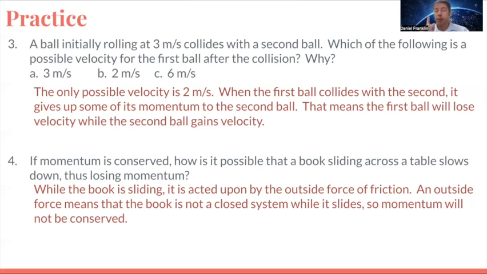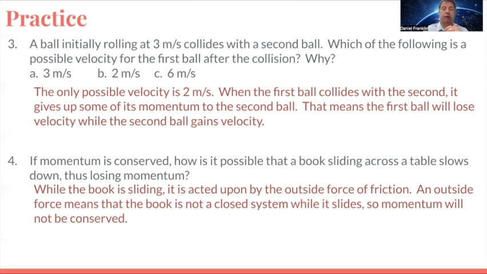Okay, so keep in mind, we're talking about the first ball. I had to think for a second because I was going, wait, is that the second one or the first one? It's the first one. So the first ball is coming at 3 meters per second. It collides with another one. Even if they both keep moving afterwards, the one that started with 3 cannot keep the 3. Some of it has to be given to the other object, okay? In order for momentum to be conserved.